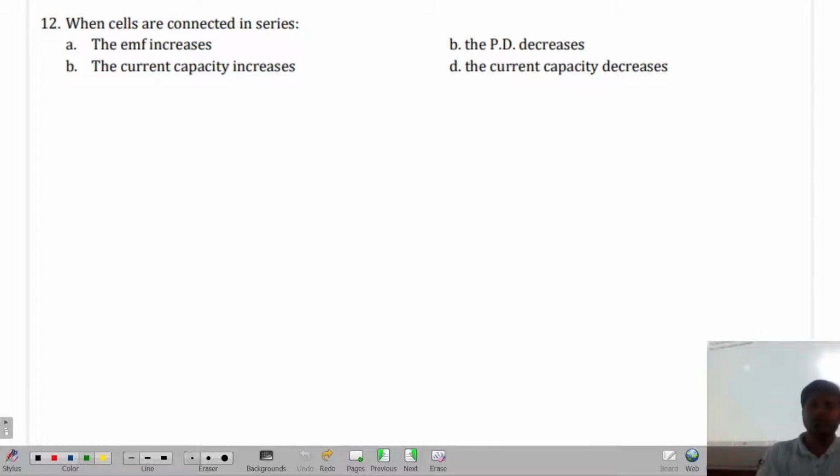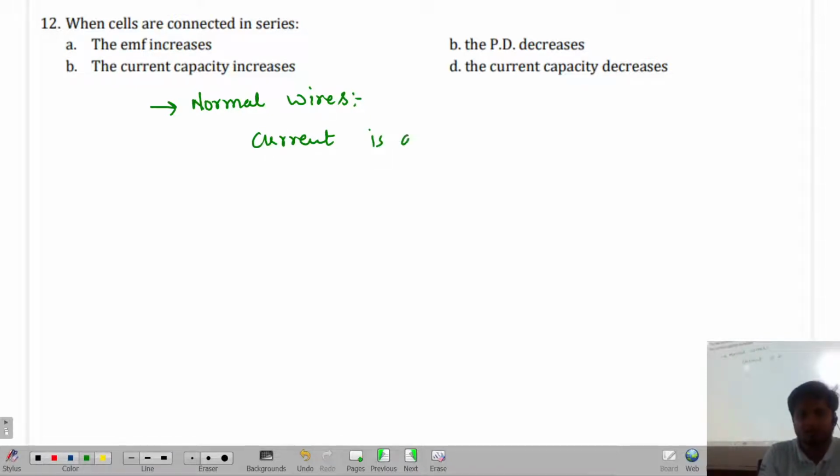Remember what happens with normal wires: current is independent of potential.